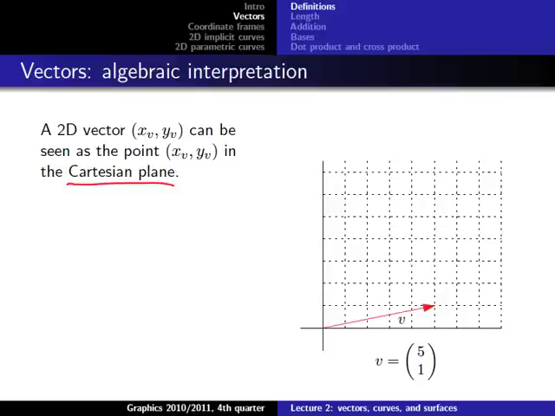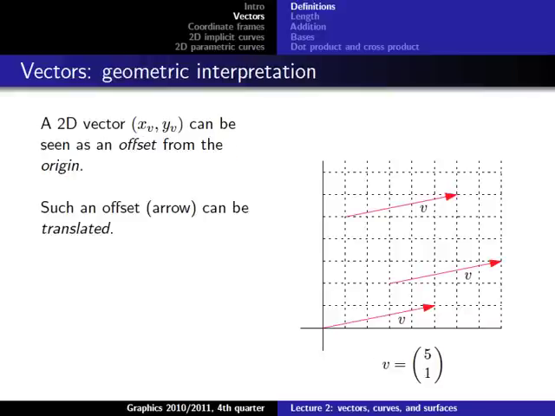And that becomes much clearer if we look at the geometric interpretation, where we see a vector basically just as an arrow, which has of course an offset. If we just have the numbers here, we can say this is the offset from the origin, and then we go 5 in that direction and 1 in that direction, and we get this arrow. But if we put the offset here, then going 5 in that direction and 1 in that direction gives us the very same arrow.